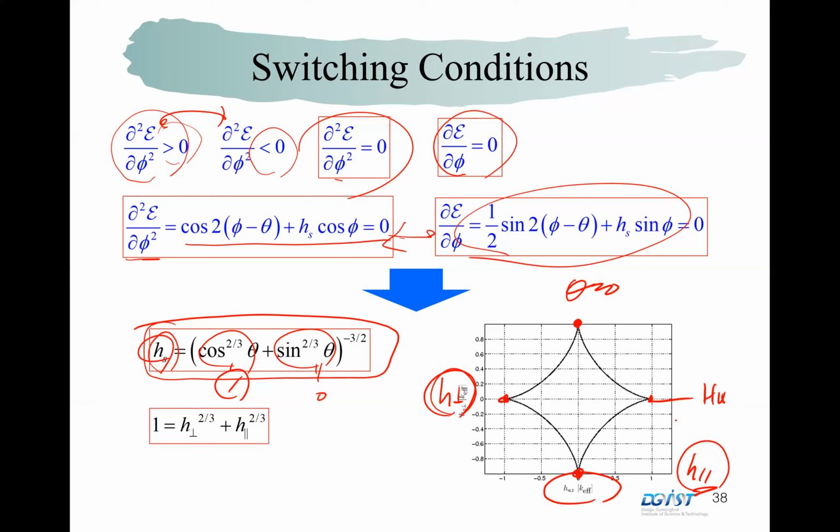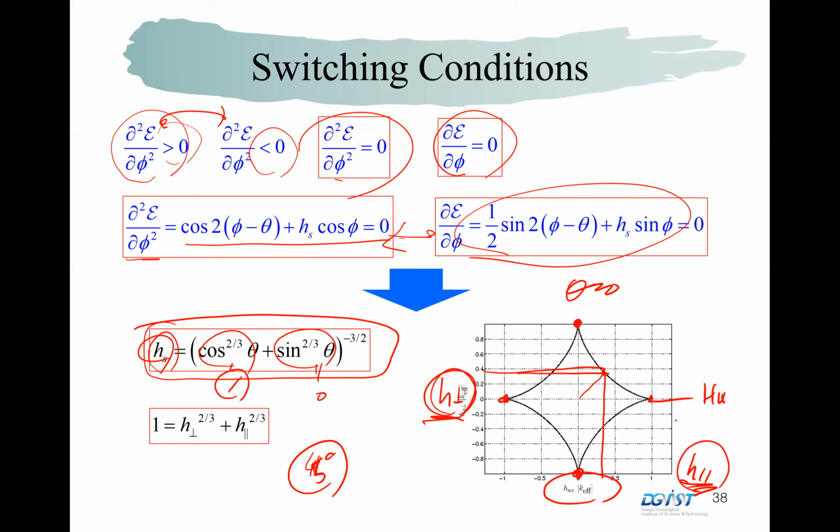And what happens if we apply 45 degrees? That means the magnitudes of the perpendicular and parallel directions are the same. Then we have this result. So now we need only this amount of parallel and perpendicular field to switch it.